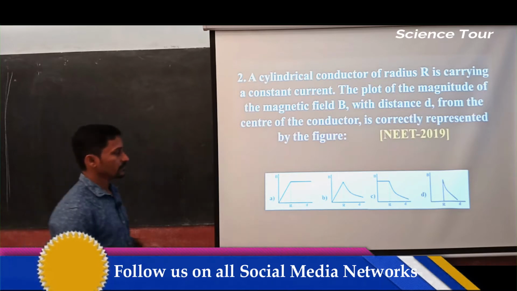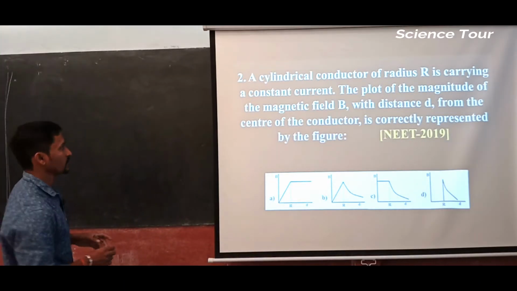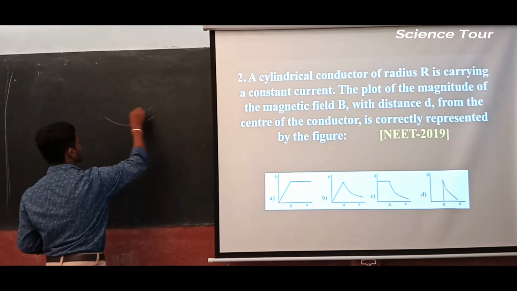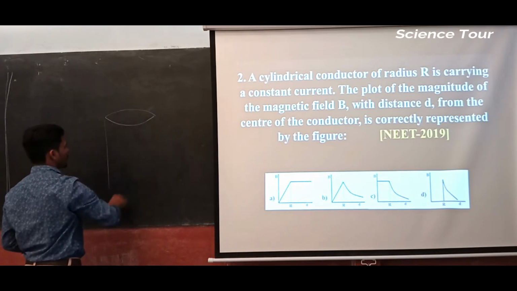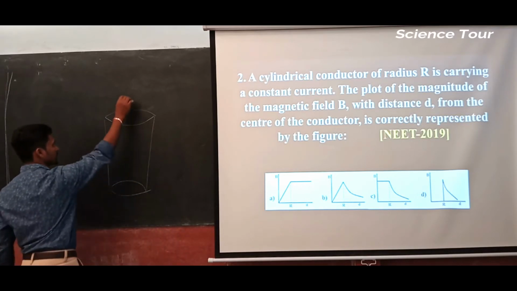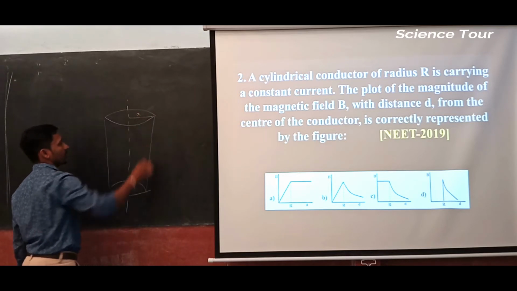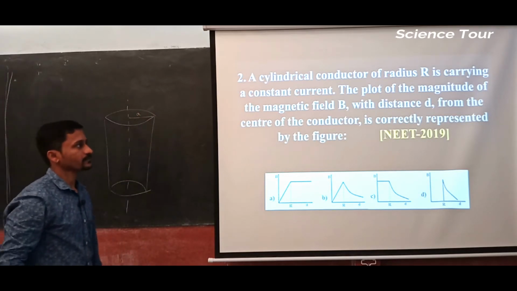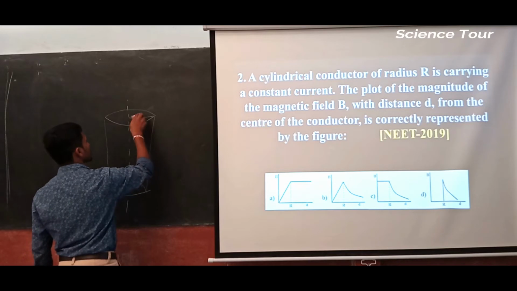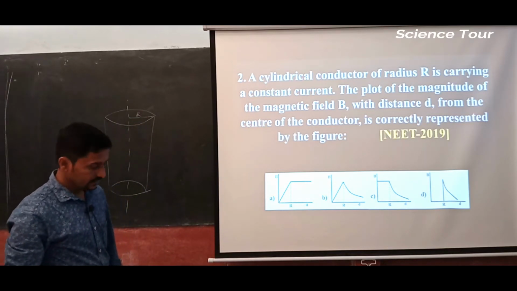So which figure represents it exactly? A cylindrical conductor is there, and we have studied Ampere's circuital law, right? So this is the center, and here it is given the radius is R, carrying a constant current.